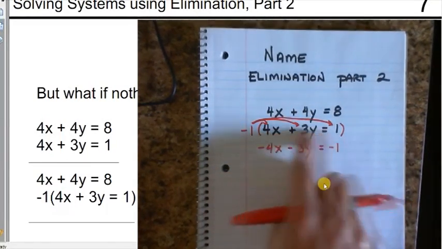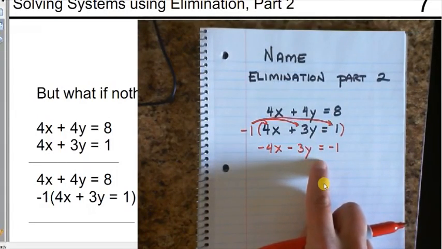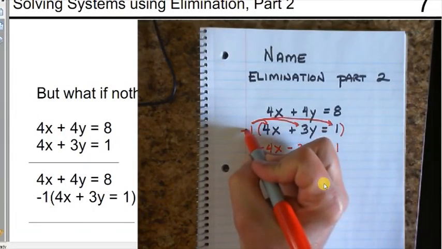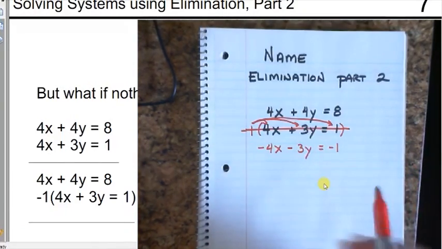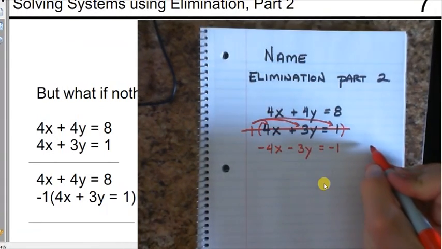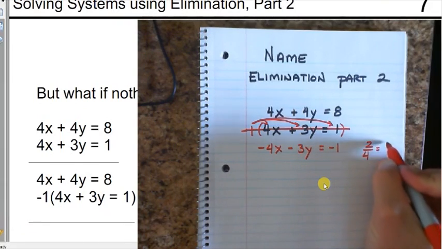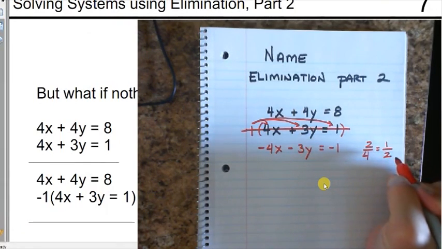I've converted this equation into this equation. This equation doesn't even exist anymore. It became this. And they are the exact same equation, in the same way that 2/4 is the exact same thing as 1/2.